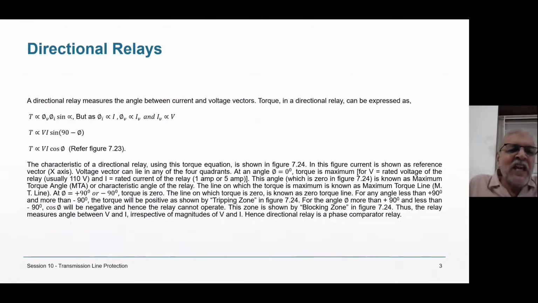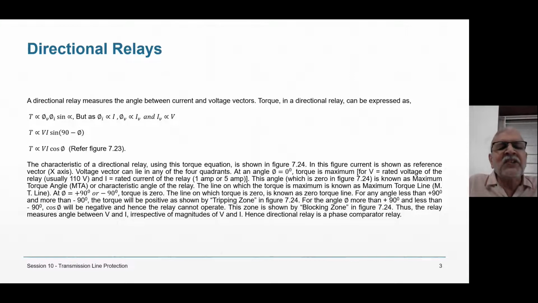And if I say VI cos phi, what does that mean? If phi is less than 90 degrees, then I will get positive torque. Less than 90 degrees means the first quadrant.